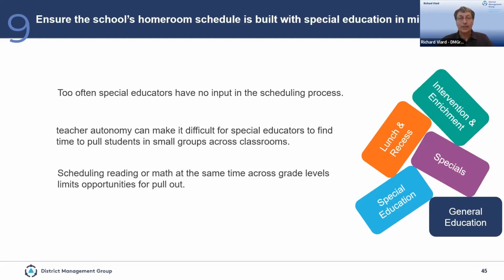And then the other practice we often see is a preference from teachers to teach reading, math, and core subjects in the morning when students are awake. And if you do this in every group, you're blocking opportunities for pullouts during these times, if you, of course, agree that students should not be pulled out of reading and math, which is definitely a good practice.